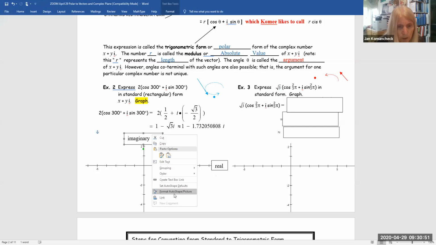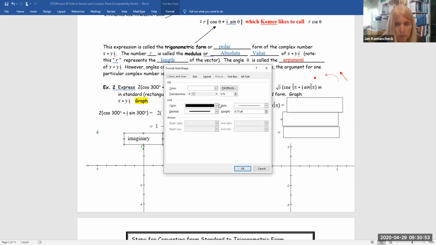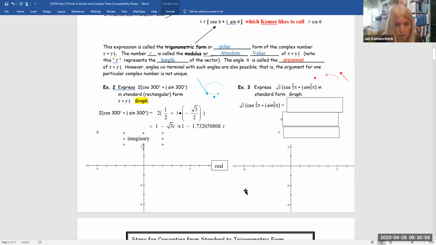Let me do one more thing to make sure everything is nice and pretty. I'm going to take the color away from that line, and I'm going to make this transparent so you can actually see better. Okay. So I've got the imaginary part, I've got the real part. Well, if I want to graph this in my complex plane, I need to take my point, which is on the real axis 1.